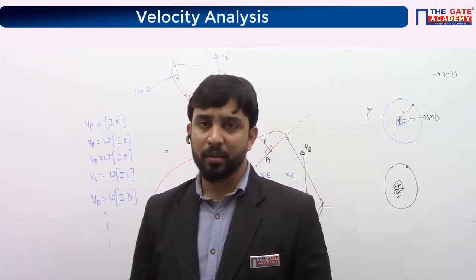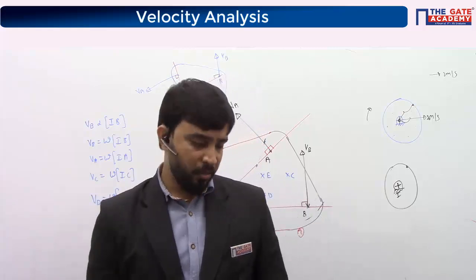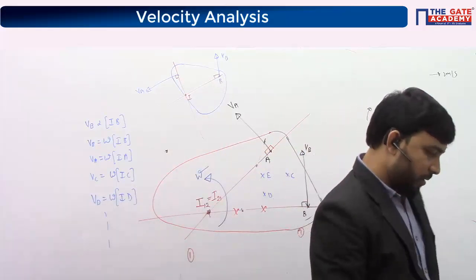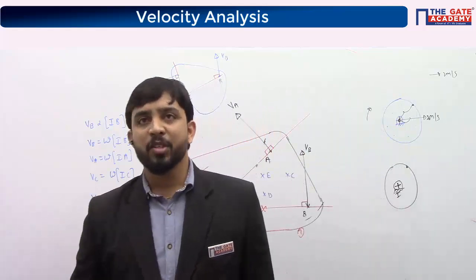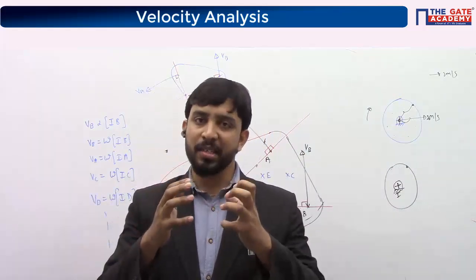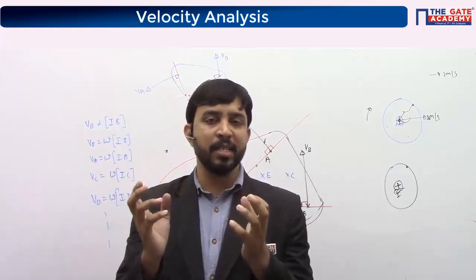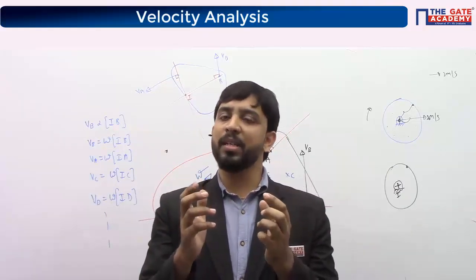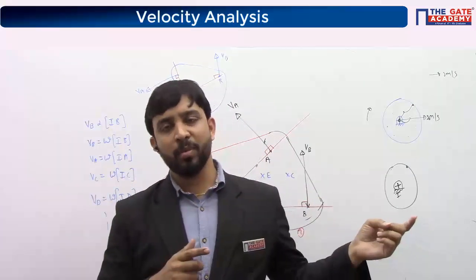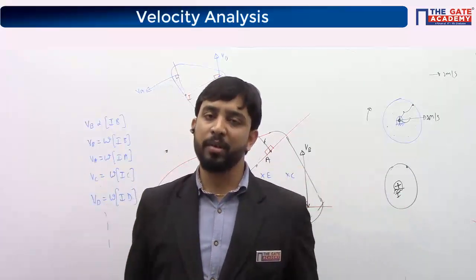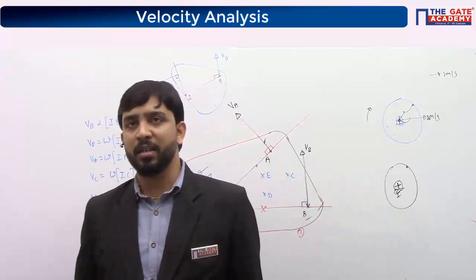Just write a note, one statement. Instantaneous center is nothing but this: whenever there is a relative motion, that relative motion may not be pure translation or pure rotation, it can be any kind of relative motion. That relative motion can be seen to be in perfect rotation with respect to one point in space. That point is called the instantaneous center.